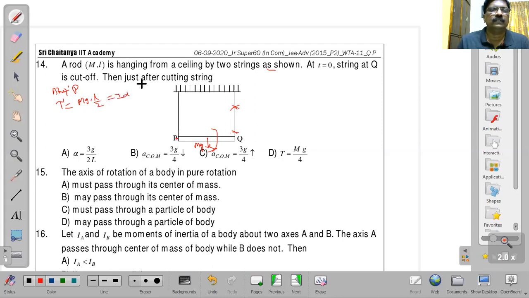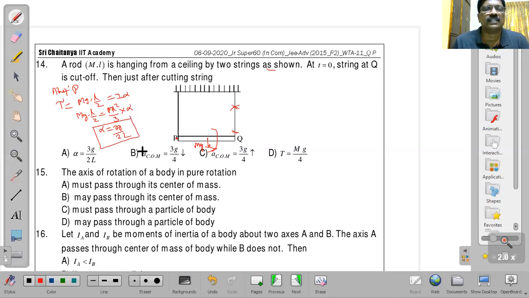Here the moment of inertia of the rod about P, the axis passing through one end perpendicular to the length, is mL squared by 3. So mg into L by 2 is equal to mL squared by 3 into angular acceleration alpha. The m cancels, L squared cancels. Then alpha is equal to 3g by 2L. So this is the angular acceleration.